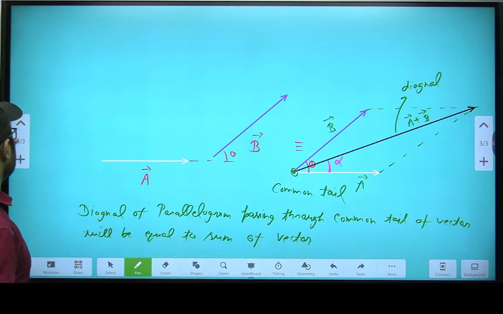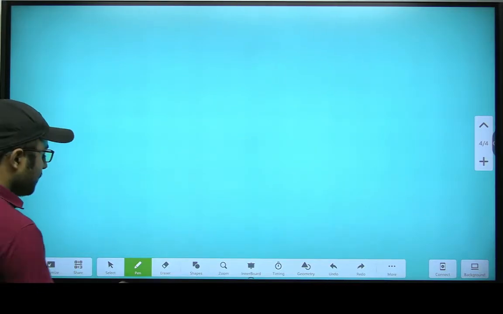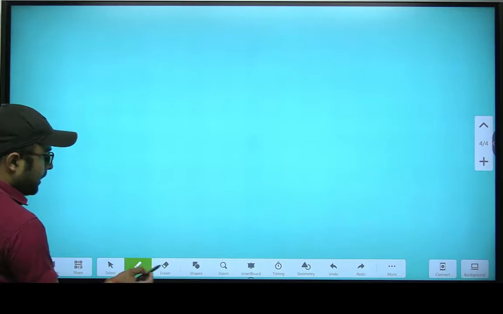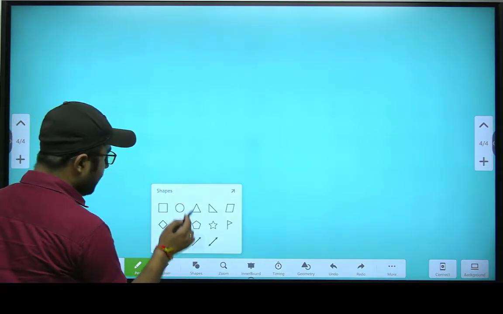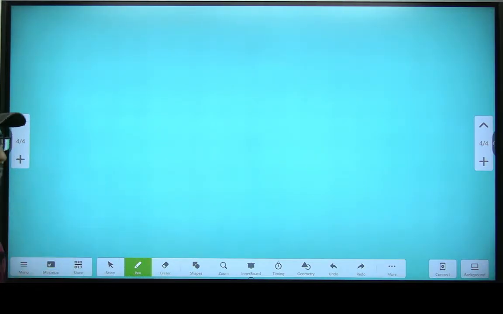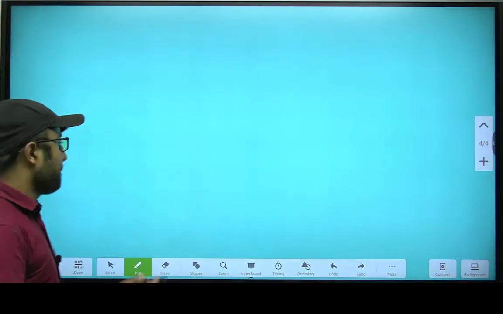So let's do it again. There are two vectors, vector A and vector B. Now we will find the magnitude of the sum of A and B by the analytical method.